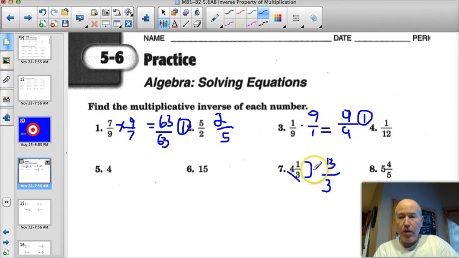That's the improper fraction that represents that mixed number. So now the multiplicative inverse will be the opposite, 3/13. Okay? You multiply those two together, you'll have the same number on the numerator, 39, and the same number on the denominator, 39. All right?